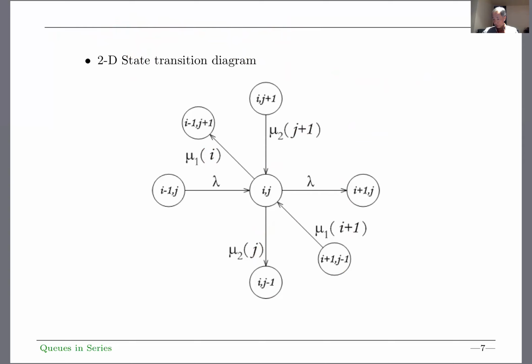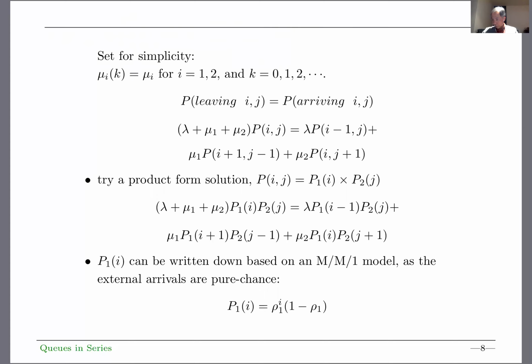So with that, the probability of leaving IJ is equal to the probability of arriving at IJ. You put all the equations together, and then the two are equated, okay? So we try a product form solution to separate those two. So Pij becomes P1 times P2, and do the same for this, this, and this, okay?